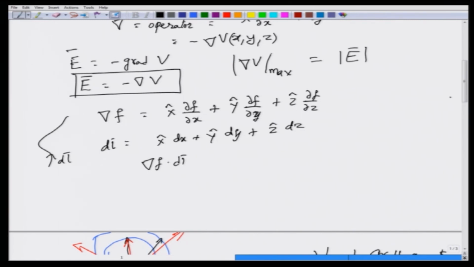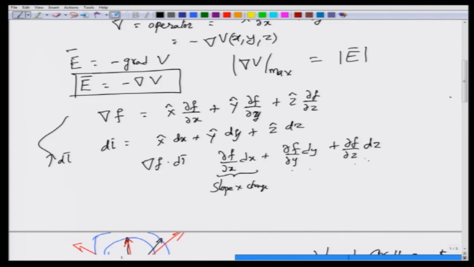You can obtain that by taking the dot product of the gradient with the line segment, and you are going to get del f by del x dx plus del f by del y dy plus del f by del z dz. What is this quantity del f by del x dx? Now, del f by del x gives you the slope of the function f as you move along the x axis. Therefore, this is basically slope into change along the x axis. Similarly, slope into change along the y axis, slope into change along the z axis.